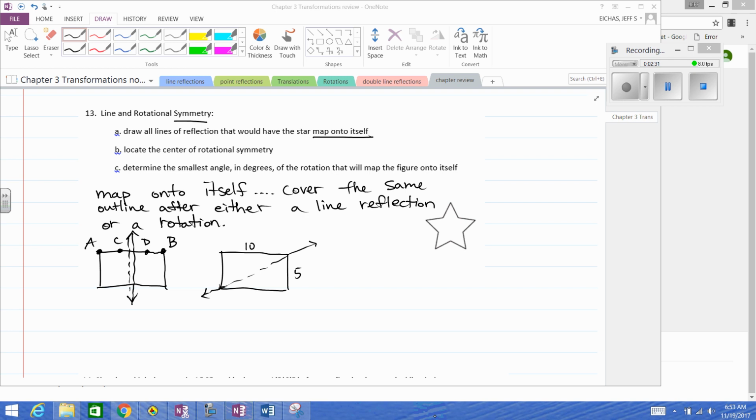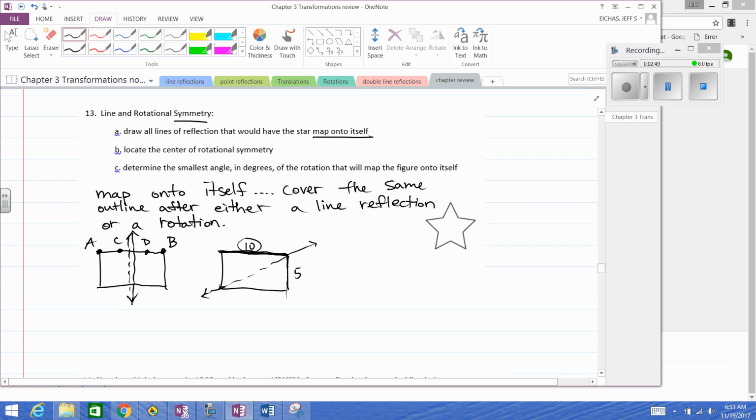Because you would basically have to have this side right here land on this side, but that can't happen because this side has 10 and this side's only 5. So even if the angle was good, which it's not, by the way, even if the angle would work, you'd end up being down here somewhere too far.